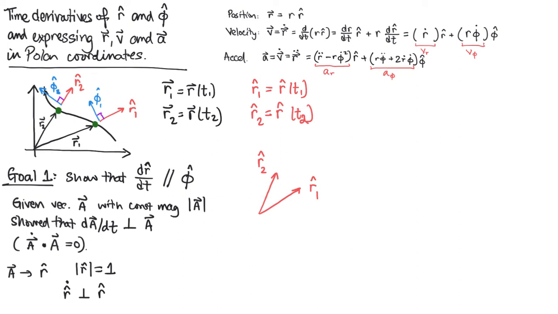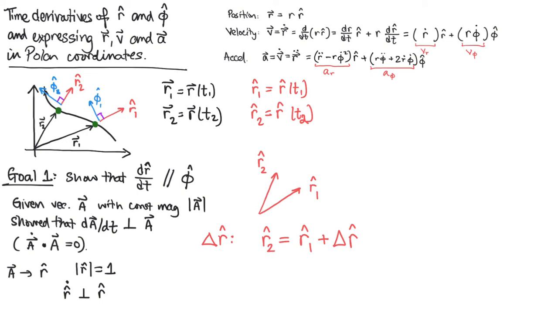So if we think about what we mean by a change of the r hat vector, what I mean by that is, in order to create the r2 hat vector, I have to start with my r1 hat vector and add a change of r hat to that. In other words, to get this r2 vector, I have to first have r1, and then I need to add a second vector to that.